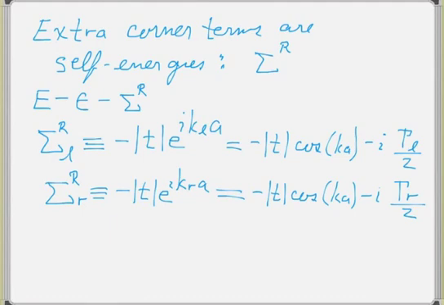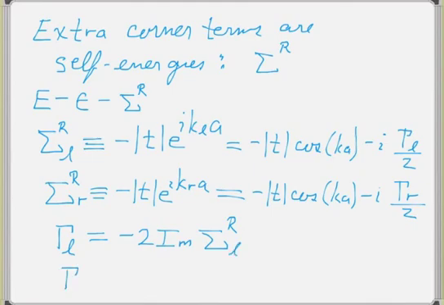And similarly for the bottom right corner, due to coupling to the right-hand lead, and the imaginary part of the sigmas is related to the injection rates from your left or right lead. So gamma L is equal to -2 imaginary sigma R due to the left lead.